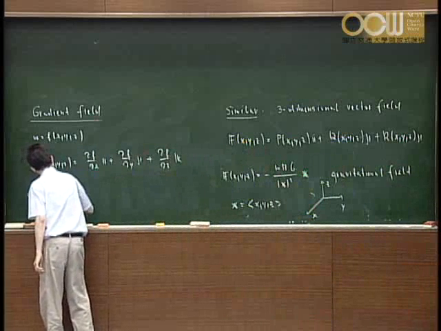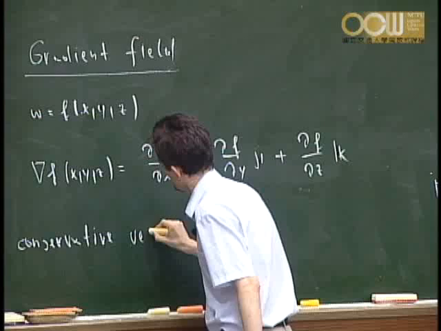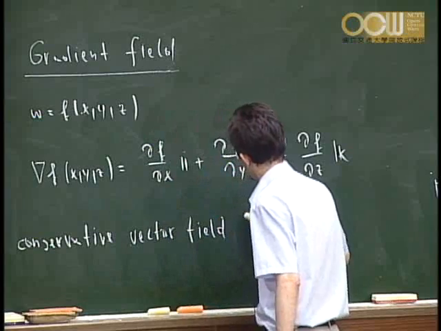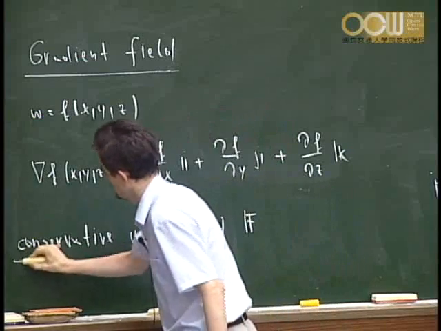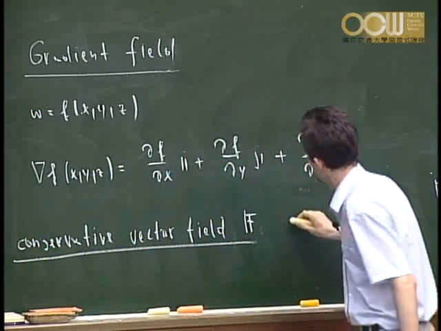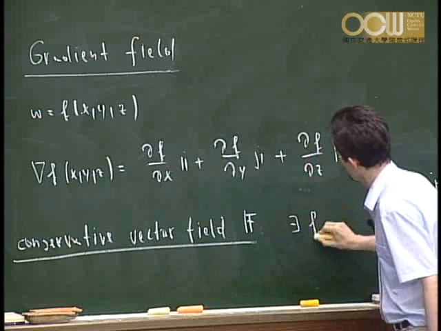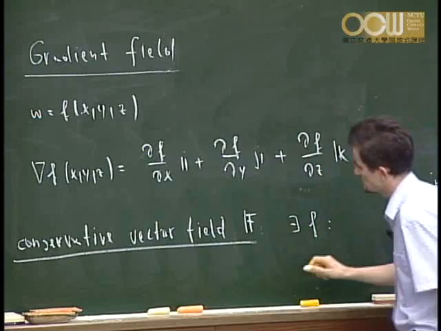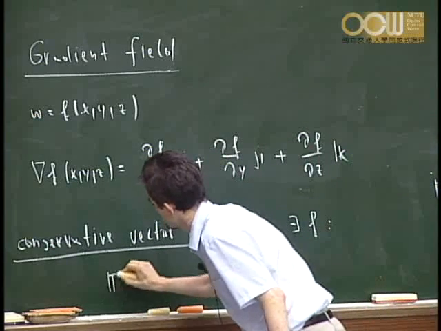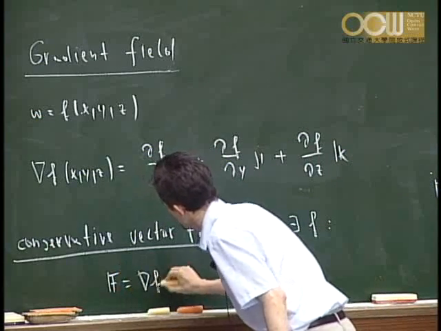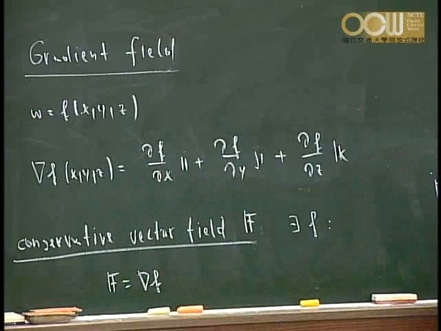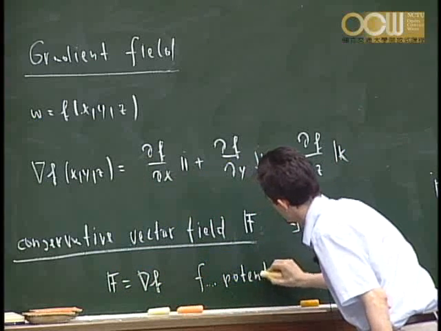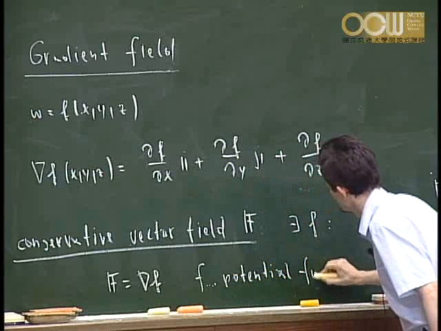So for a conservative vector field F, there exists f such that F can be described as a gradient vector field. Then f is called the potential function.